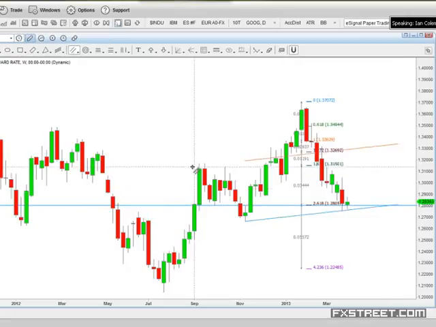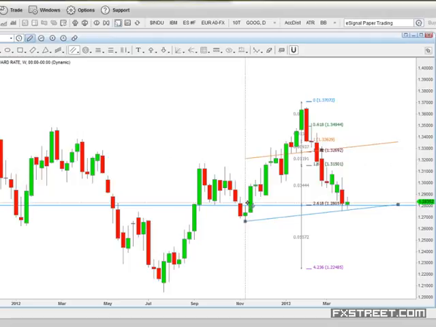But the medium-term bias, and we're talking about, these predictions today are up to a month really, and then we reevaluate. But again, I think we move higher.